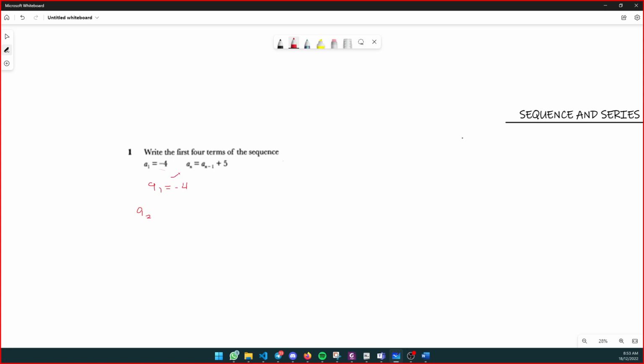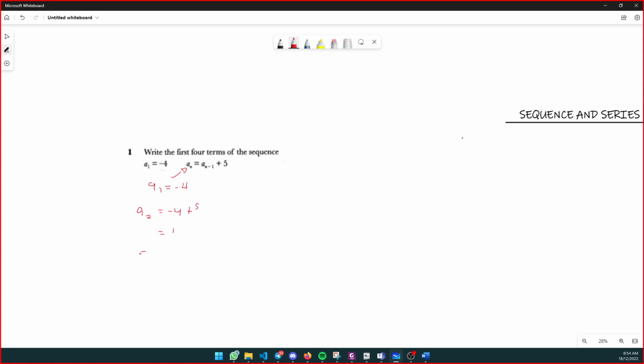Then you can start using the formula they have given. For an, using an equals an minus 1 plus 5, a2 needs a2 minus 1, which is a1. So that's -4 plus 5, which gives you 1.